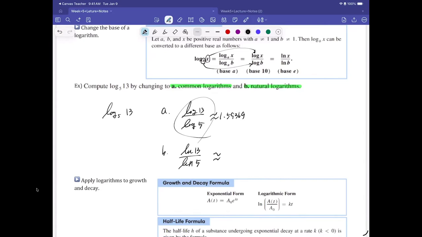This one also you can put in your calculator, so ln 13 divided by ln 5, and you're going to get the same value. Okay, so this is the change of base of the log, with the common log as base 10 and natural log as base e. So you can do two different ways to answer.